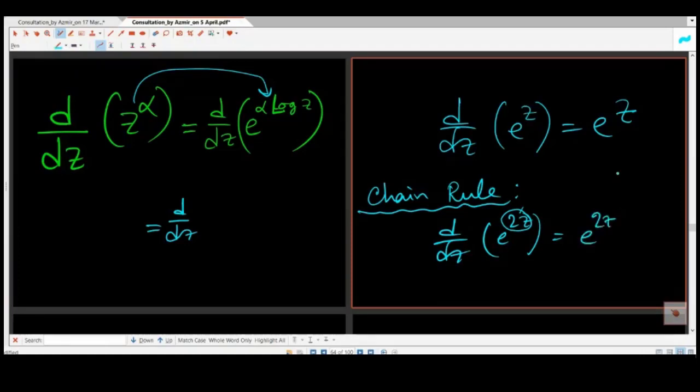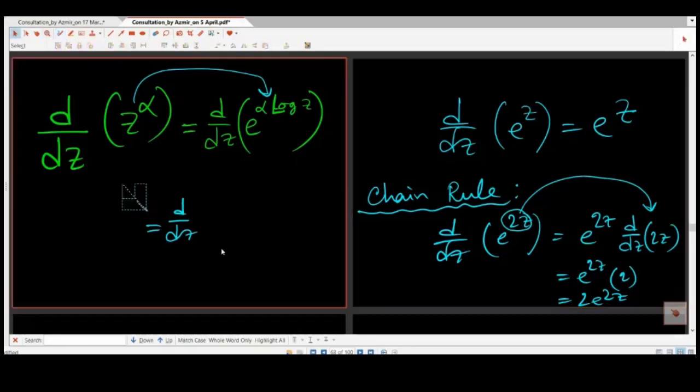But since we have considered this one as z, we have to differentiate this again. So for e to the 2z, differentiation of 2z is 2. Finally, 2 e to the 2z is the differentiation of this function. So similarly, we have to apply the chain rule here. That means we can think about this as z.